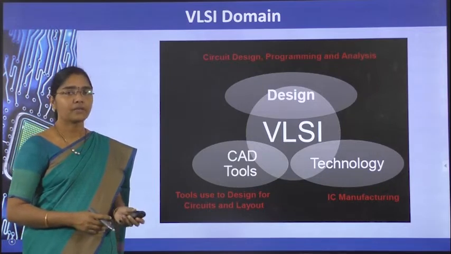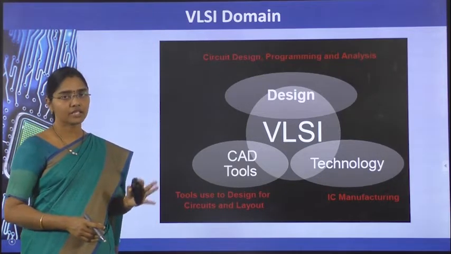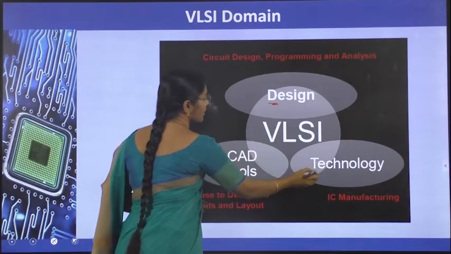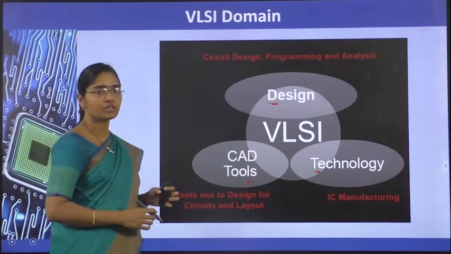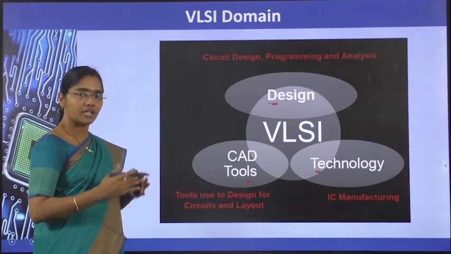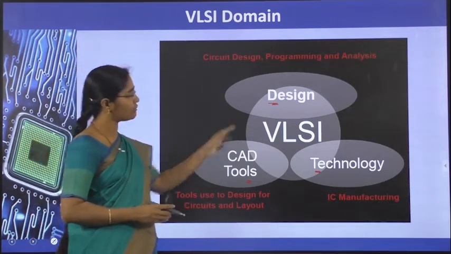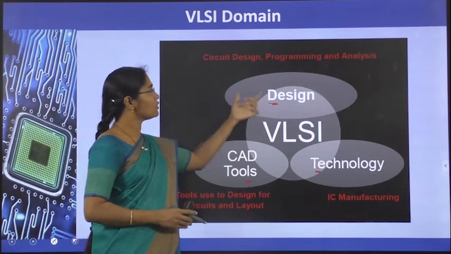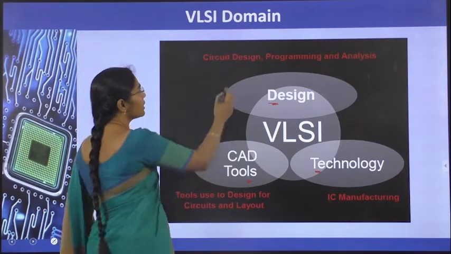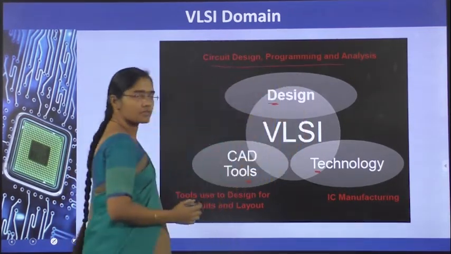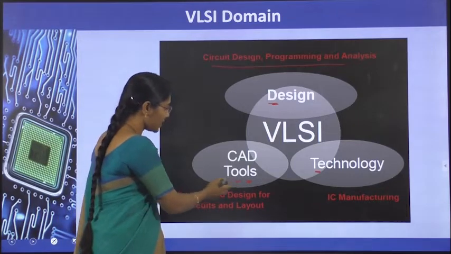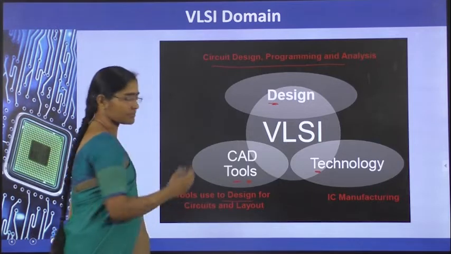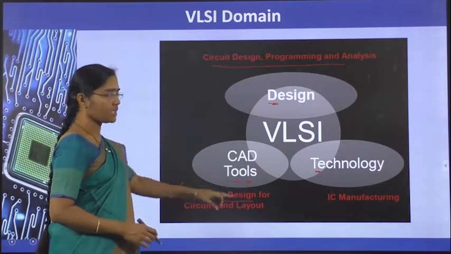Coming to the VLSI domain, it has 3 domains. One is the design domain, the second one is the CAD tools domain, and the next one is the technology domain. So one can find an area to work in any of these 3 domains. Here the design domain will do circuit design, programming and analysis, and the CAD tools domain will work with tools used to design circuits and layouts.